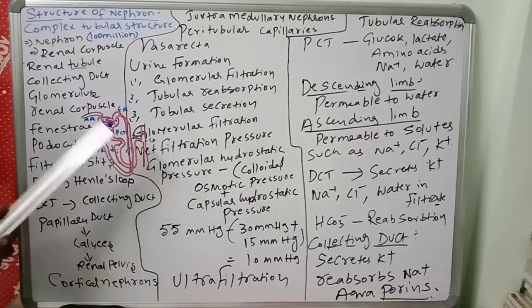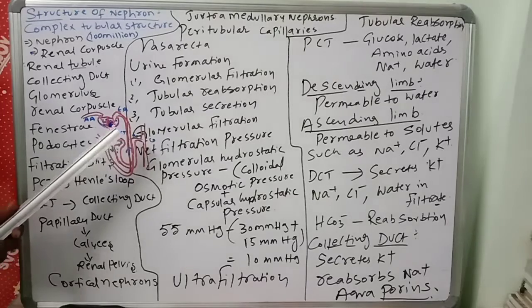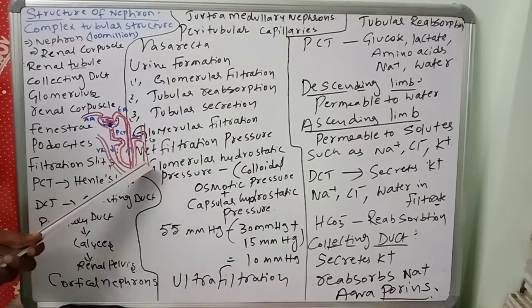Many nephrons open through the distal convoluted tubule into the straight tube called the collecting duct. The collecting duct runs through the medullary pyramids, as you know very well, toward the region of the pelvis.